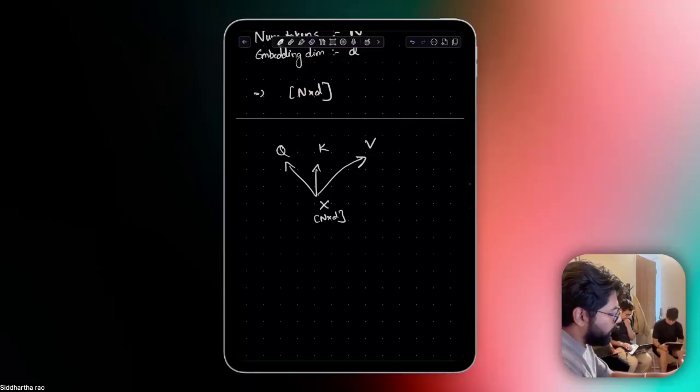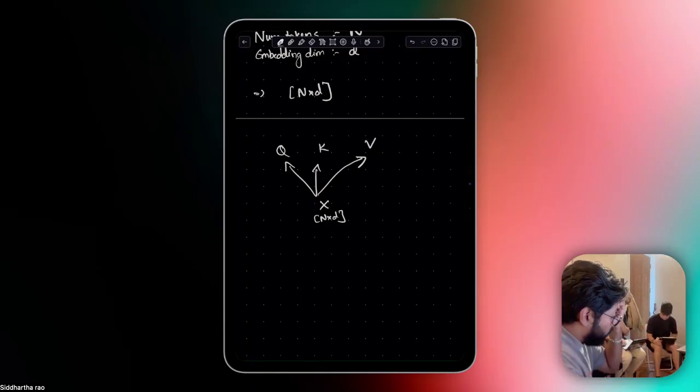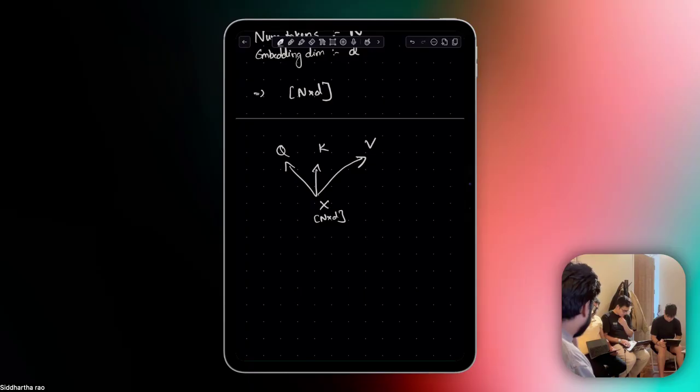So we have this n by d matrix that's being projected to query, key, value parts, and there's this thing called multi-headed attention. We are actually doing attention on multiple heads, but let's simplify that. How many types of attention are there?